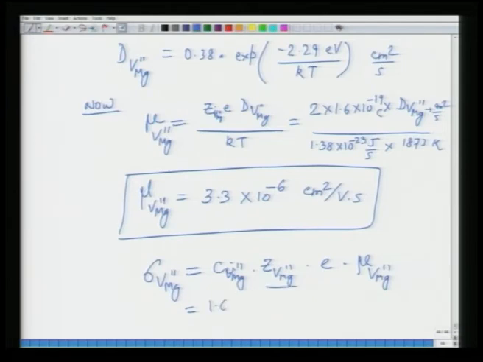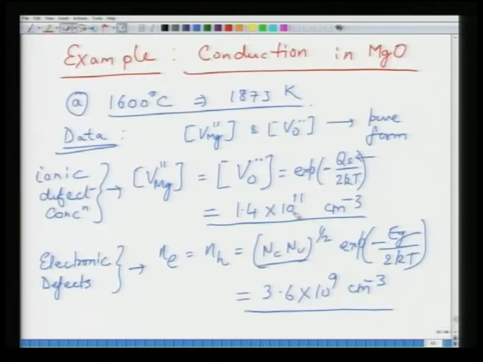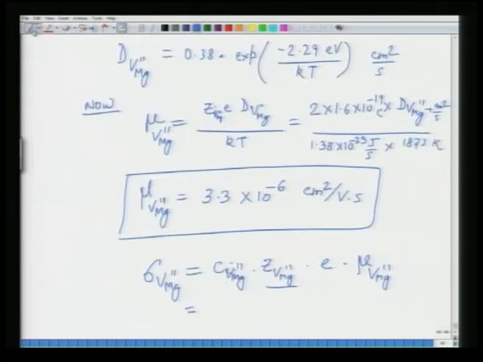From the previous slide, C_VMg is 1.4 into 10 to the power 11 per centimeter cube, multiplied by 2, multiplied by 1.6 into 10 to the power minus 19 Coulomb, multiplied by 3.3 into 10 to the power minus 6.